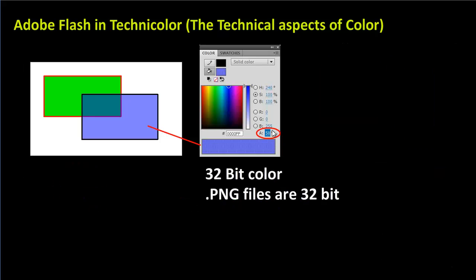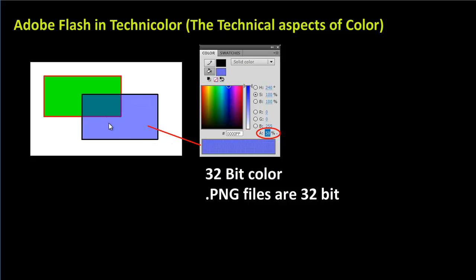Now there's another little aspect here to color in Flash. Where we have red, green, blue, you'll see an A. And the A stands for alpha. This is the transparency of the color. So we can have a solid color, we can also have a color that is slightly transparent. So opaque versus transparent. If this alpha is 100%, it's fully opaque. If it's 0, it's going to be fully transparent. If it was fully transparent, we wouldn't even see it.